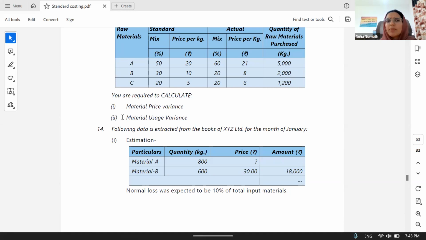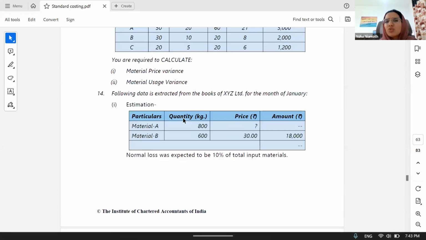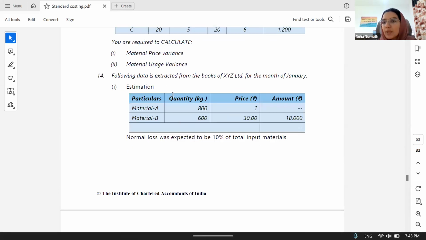Everything else is the same: price variance, usage variance, fixed overhead variance, all the same. So please practice. There will be some new things that you will learn, and practice will help you get a grip over all of this. Because in the exam, don't clog up your mind with mugging up AHAR, SO. It will not work in the exam. You need to know these concepts, and only then will it flow in the exam. Is that clear?